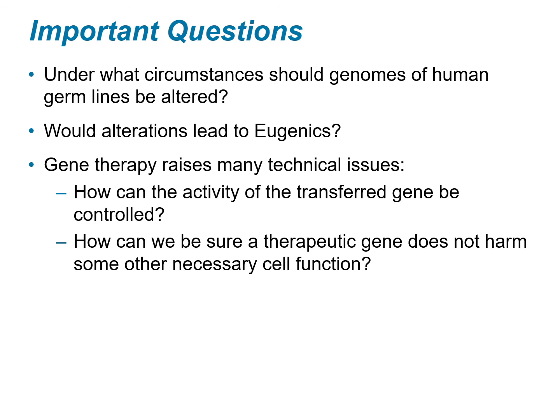How can we be sure that the insertion of a therapeutic gene does not harm other cellular functions? So if you're producing a protein that maybe isn't normally present in your cells, or maybe not normally present in such high amounts, is it going to affect other things that are happening in the cell?